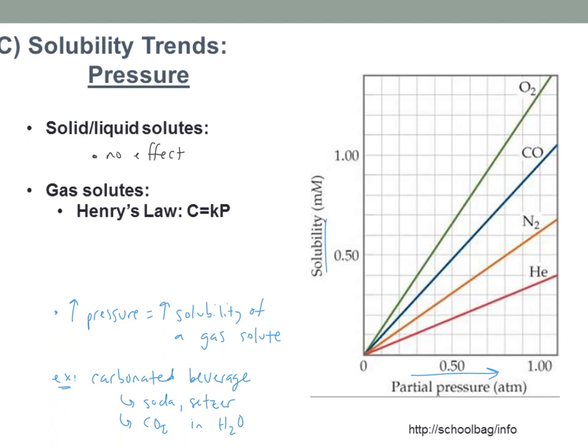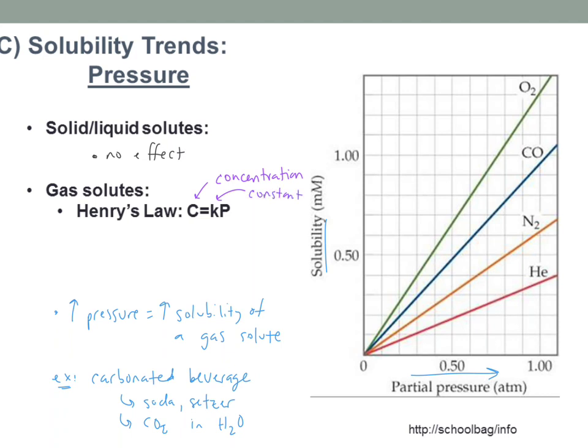This can also be expressed in what's called Henry's law. I don't care too much that you memorize the name of Henry's law, but in Henry's law, this C stands for concentration, and the K is some constant.